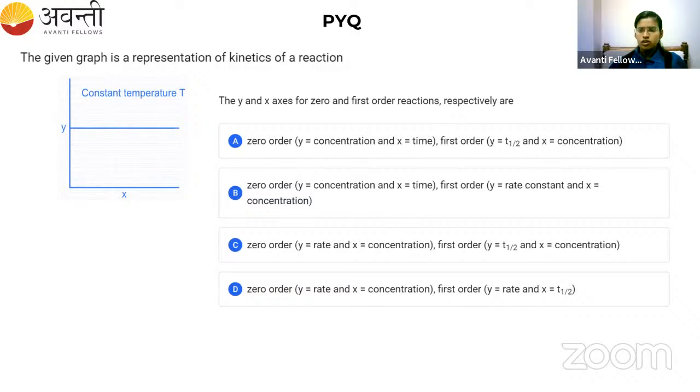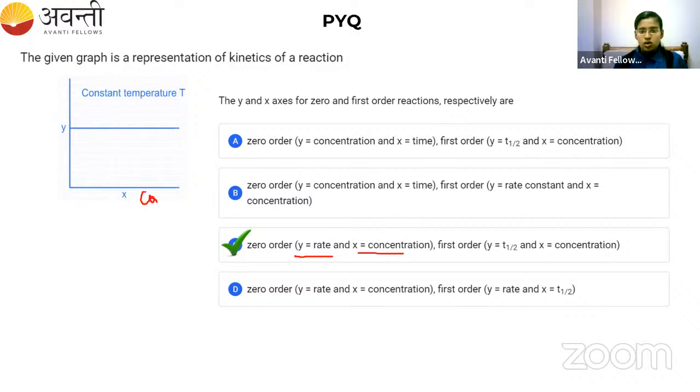So many of you have given option C as the correct answer. Before moving on to the explanation, let me give the answer. Option C is the correct answer for this question. Because for zero order reaction, the y-axis is taken as rate and the x-axis is taken as concentration, right?